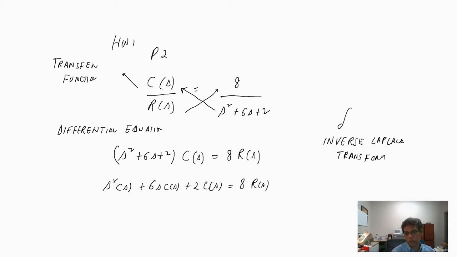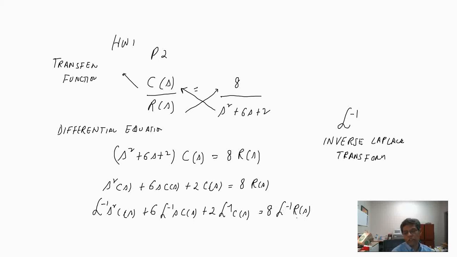So do this and then put an inverse sign on it. So here we go. This is the inverse Laplace transform of s squared C(s) plus 6 times the inverse Laplace of s times C(s) plus 2 times the inverse Laplace transform of C(s), and 8 times the inverse Laplace transform of R(s).